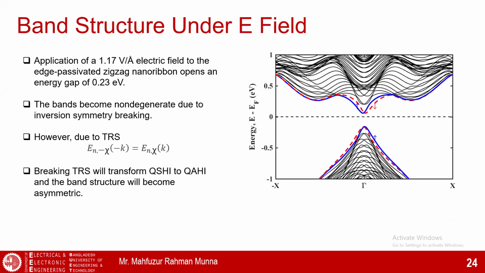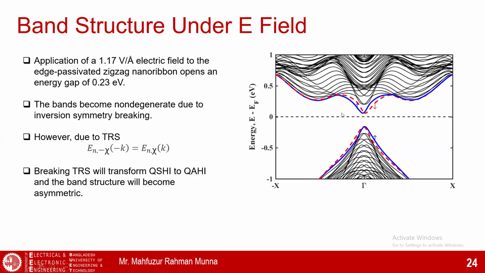Now I have also shown the electronic band structure for a stanene zigzag nanoribbon under an applied electric field of 1.17 volt per angstrom. So as you can see, as inversion symmetry is broken, the bands become non-degenerate.